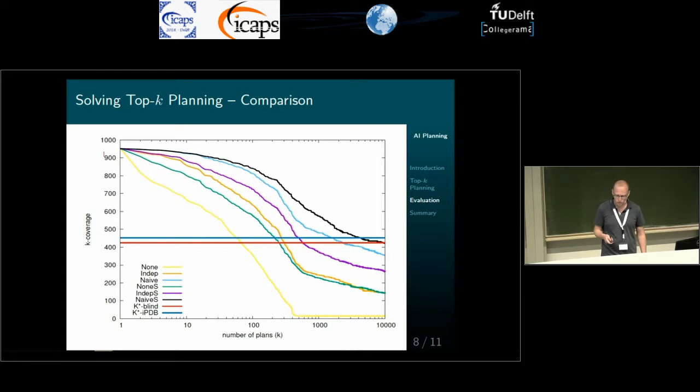The horizontal lines represent K-star with blind heuristic and iPDB heuristic, and the other 6 lines represent using or not using structural symmetries, and the 3 options of not extending with reordering, extending using a naive technique, or extending using independence of operators.